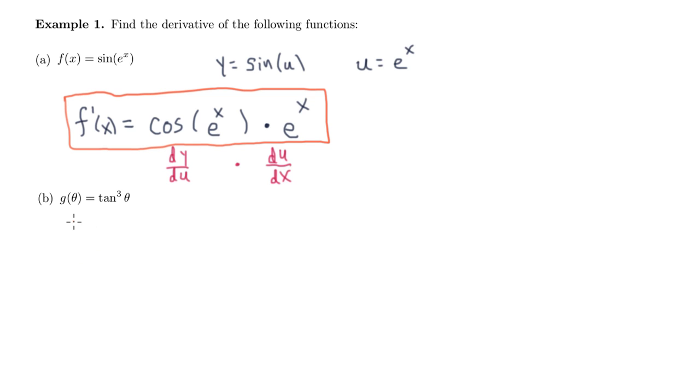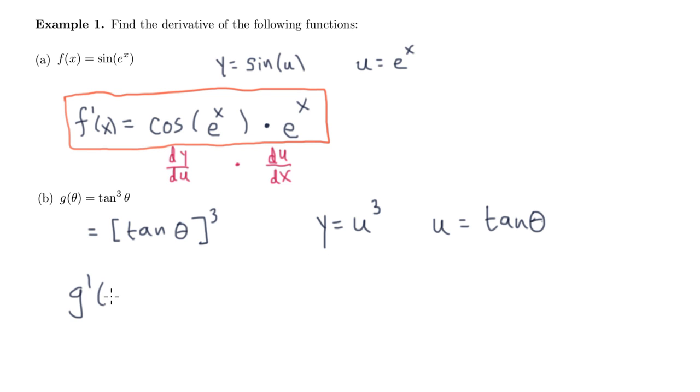So let's see another example with this g of theta. And now recall that tan cubed theta is like tan theta to the third power. And again, I can think about y being u cubed, where u is tan theta. So the derivative, g prime of theta: the outermost function is like u cubed.